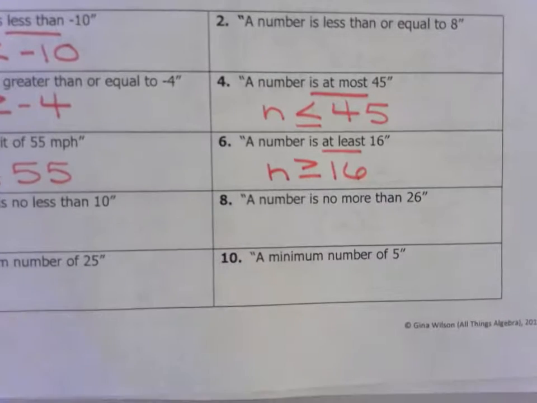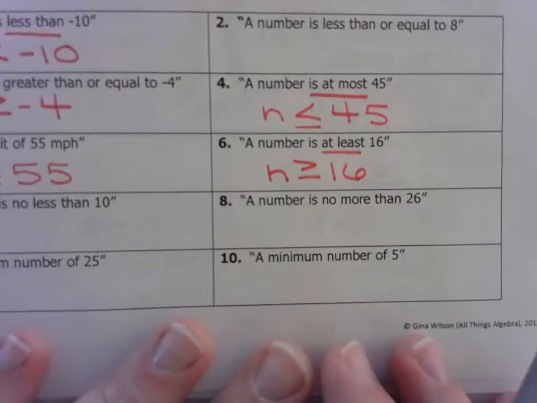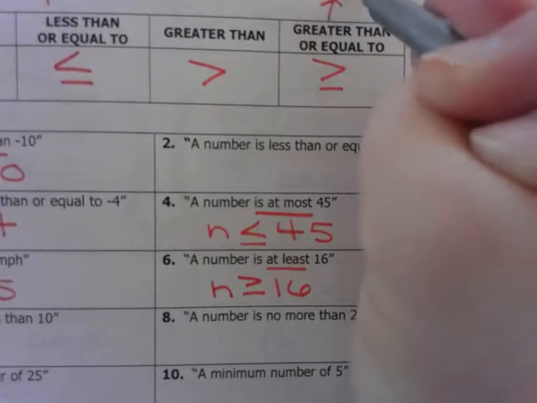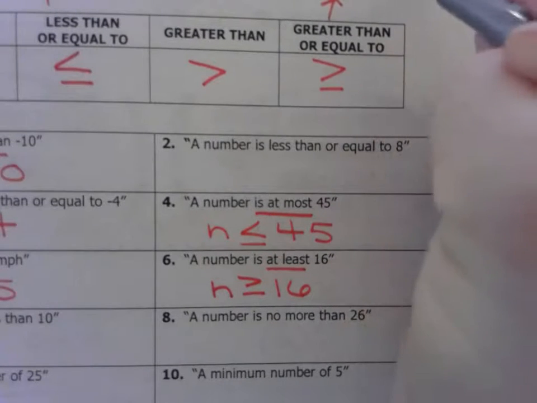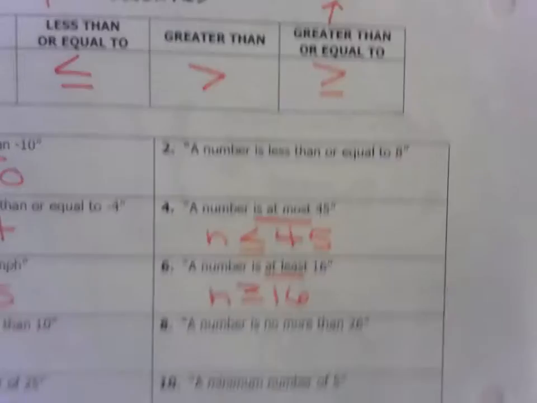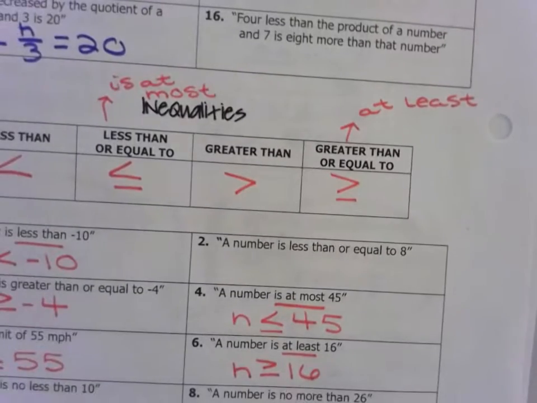All my numbers have to be greater than or equal to. So let's make a note of that. At least is greater than or equal to. You should be writing this down, please. Preston, you getting this written down?